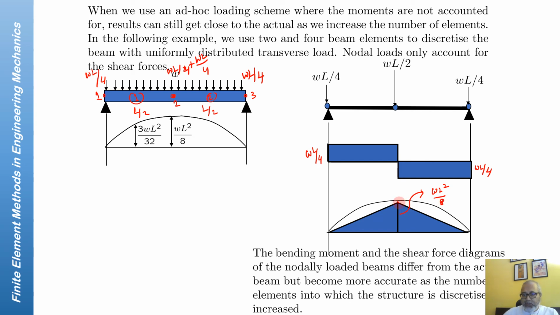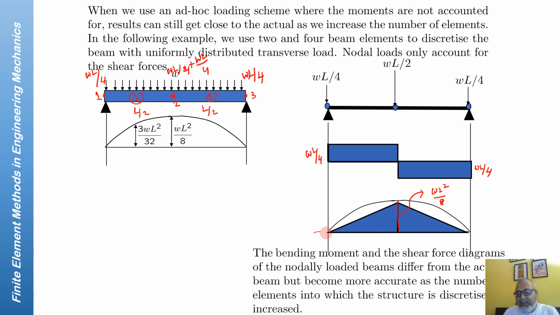So this bending moment is correctly represented at this point, but the distribution of the bending moment in this region, and in this region, is a curved quadratic curve in the actual case, but here it's a linear bending moment. So obviously you are not getting the bending moment right, except at the middle.